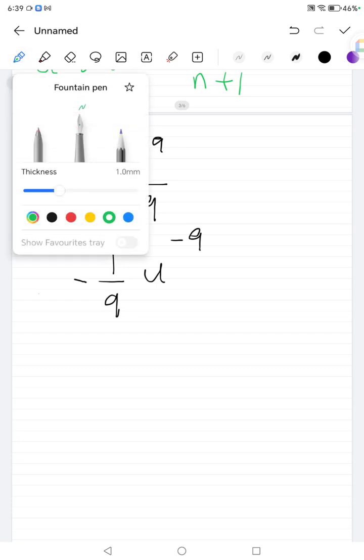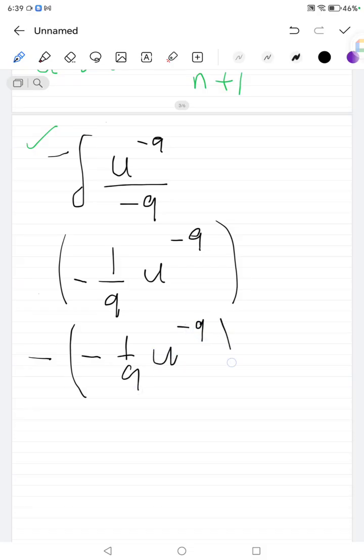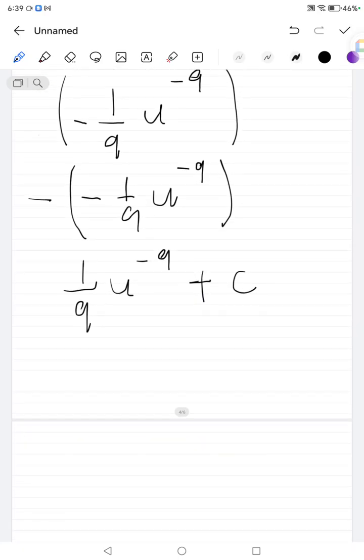So it now means we're going to be having what? We have that minus, then let me just input this in bracket. We have that minus 1 over 9 u to the exponent minus 9. Then the minus and a minus is going to be a plus, which means your final answer is going to be 1 over 9 u to the exponent minus 9 plus c.